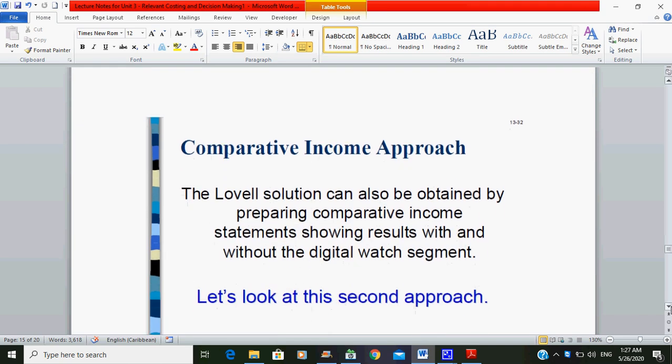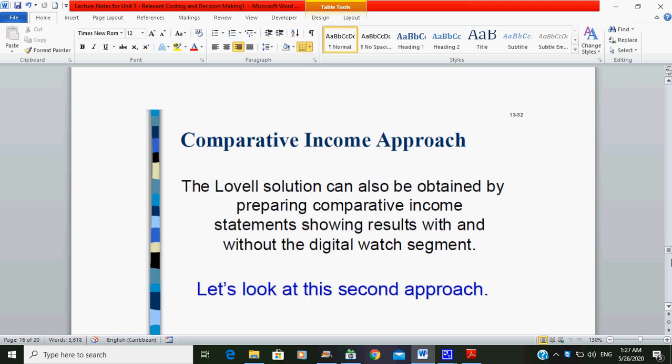The Lovell solution can also be obtained by preparing the comparative income statements, showing results with and without the digital watch segment.